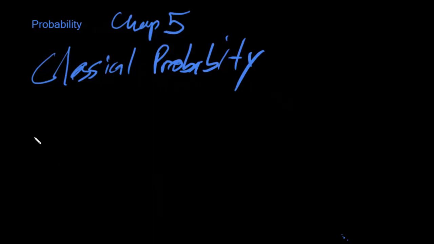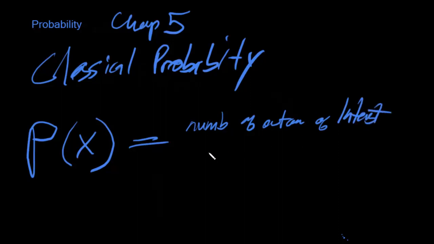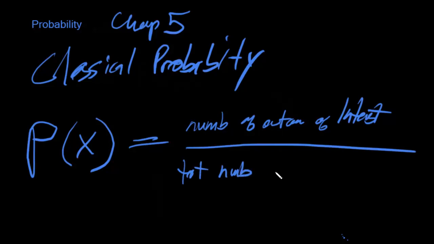So basically what we're going to try to do is calculate the probability of anything, or the probability of x, which is going to be the total number of outcomes of interest divided by the total number of possible outcomes.